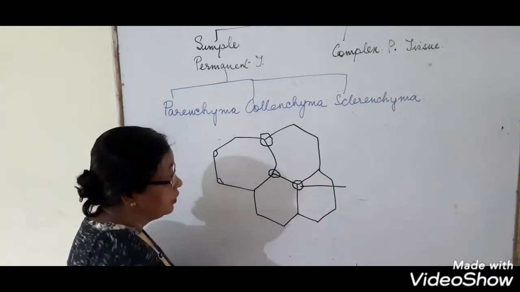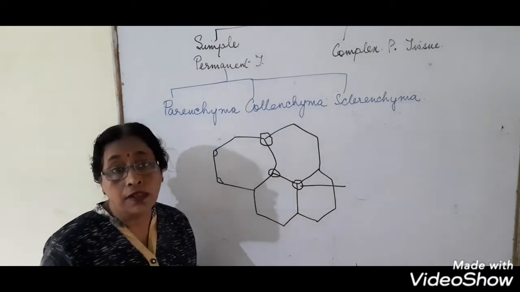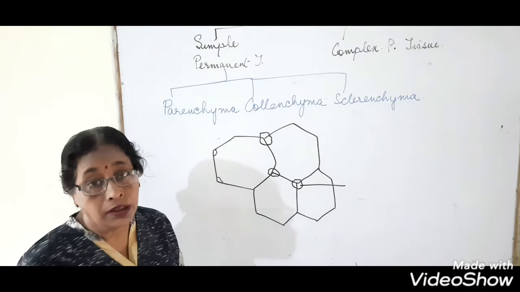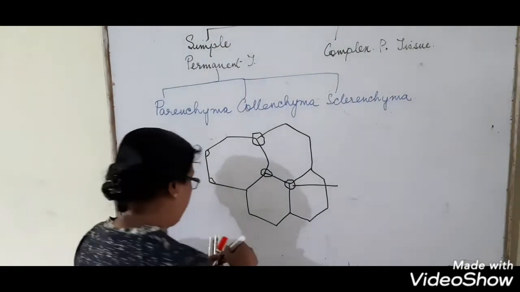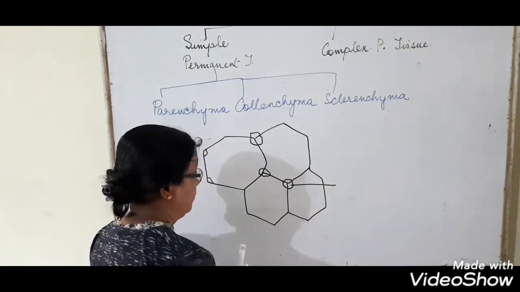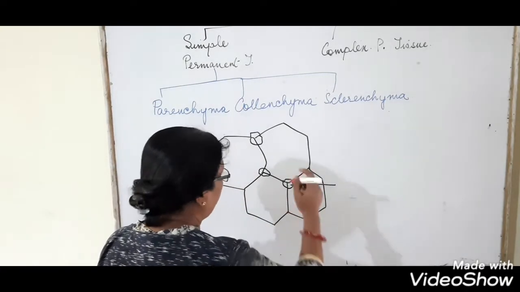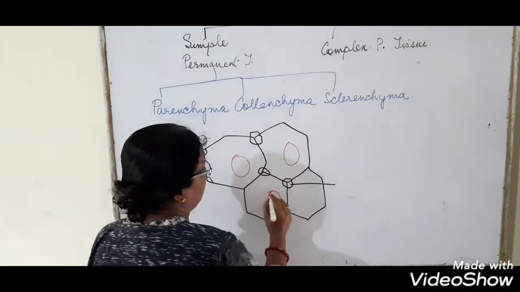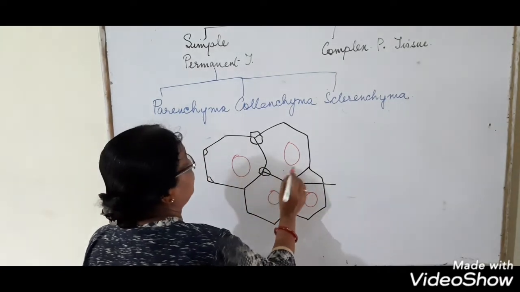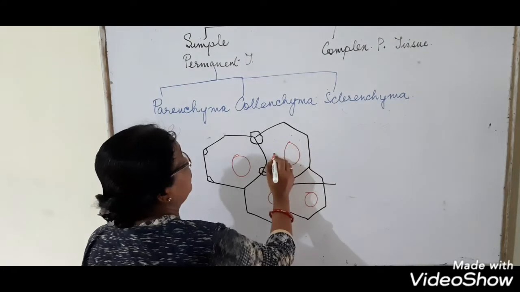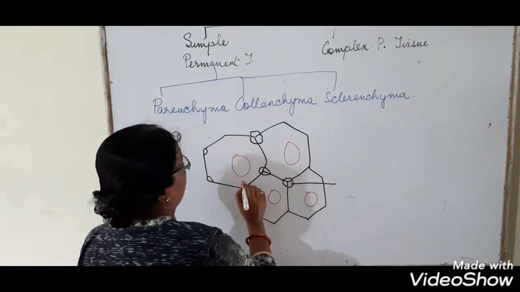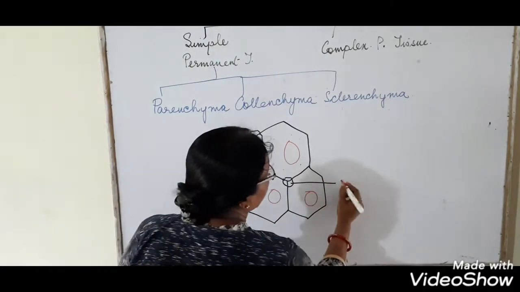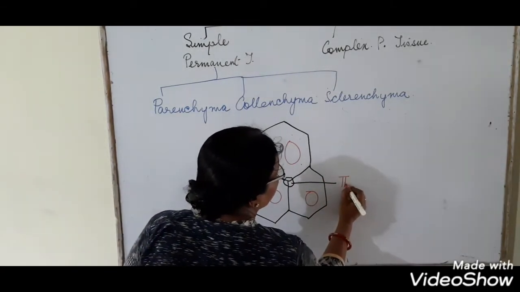Because of these thickenings, there is no intercellular spaces. The cells are compact and are attached with each other. A prominent nucleus is present. So these are thickenings at the corners.